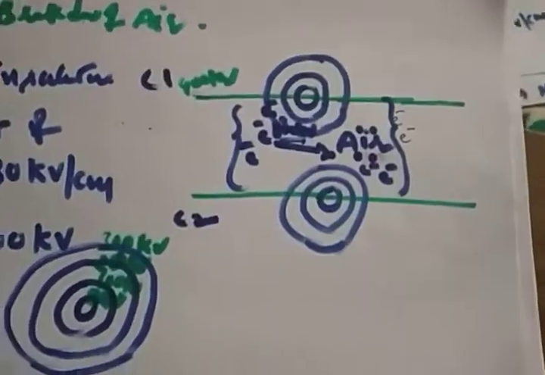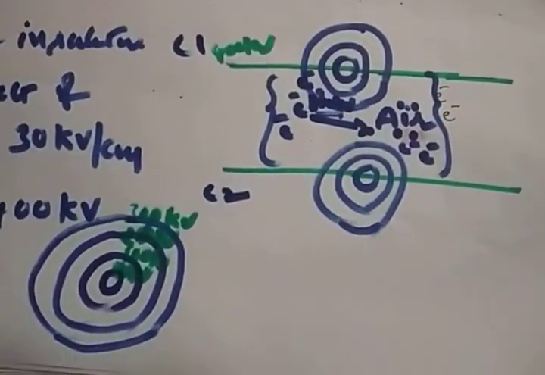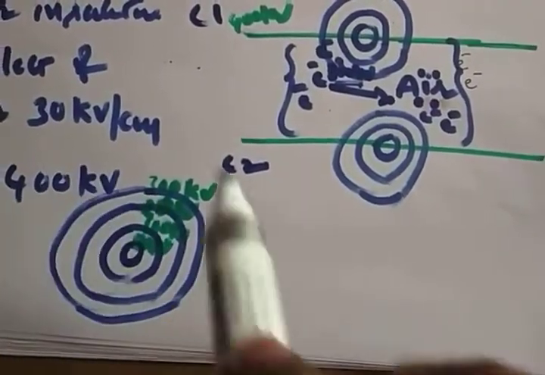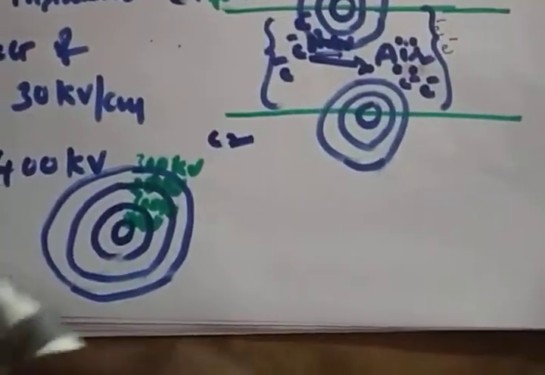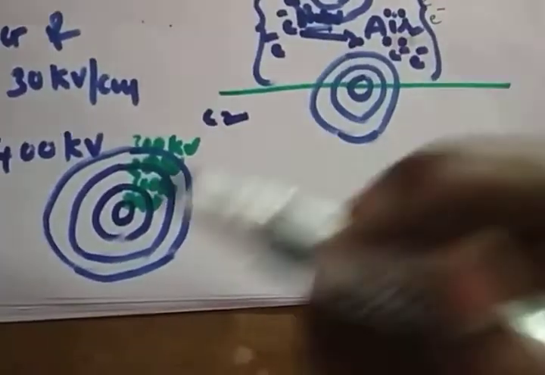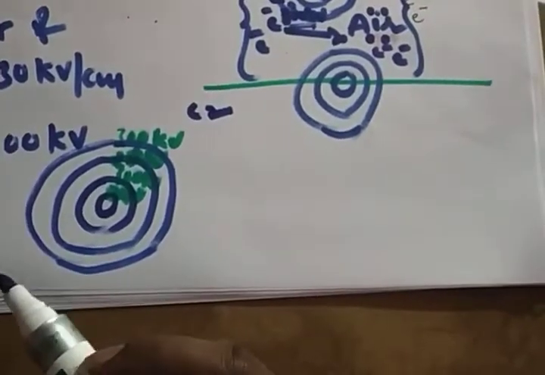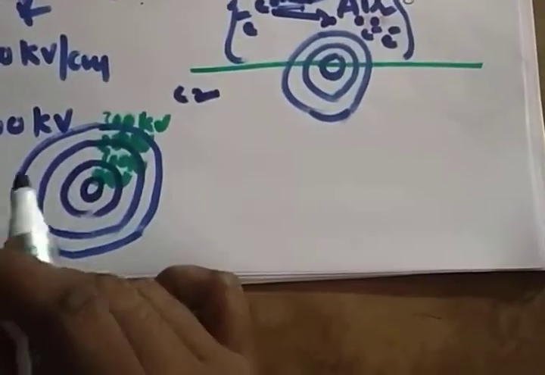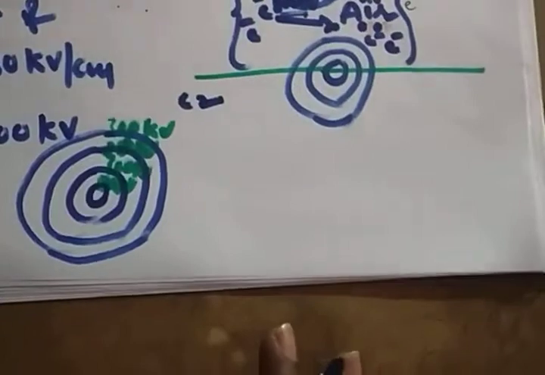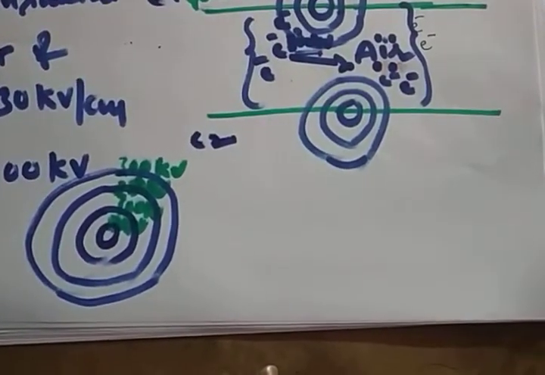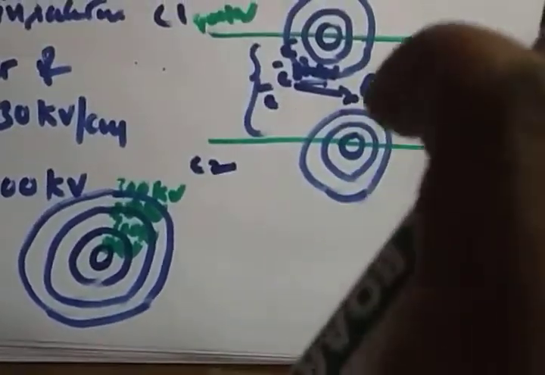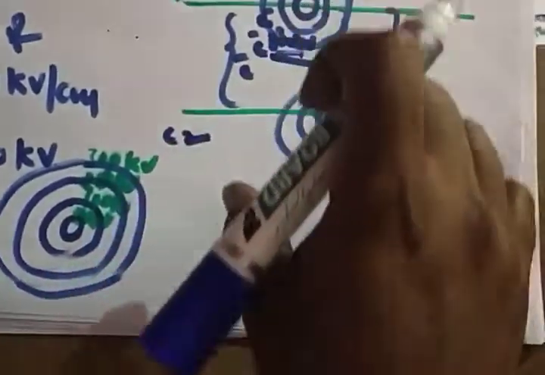Alright, how the potential gradient is developed: near the surface of the conductor there is maximum stress, that's why only near the surface of the conductor you are getting maximum current, right? Because the potential gradient is very high over there, and at the center of the conductor you are getting a very low value.